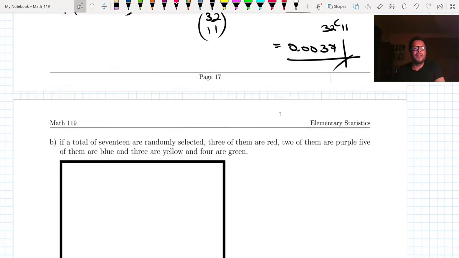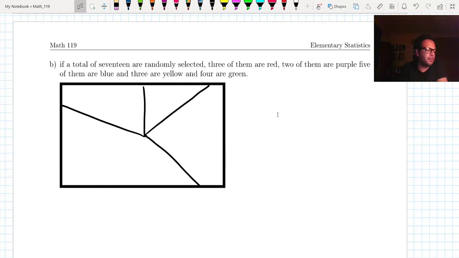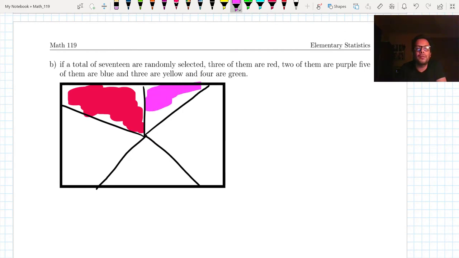Okay, so let's do another example from the same situation. Okay, same Skittles. Okay, let's divide this into regions. And let's paint this with red for the red Skittles. Let's paint this in purple for the purple Skittles. Let's paint this in blue for the blue Skittles.